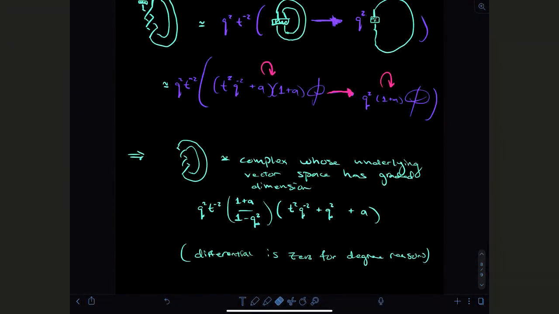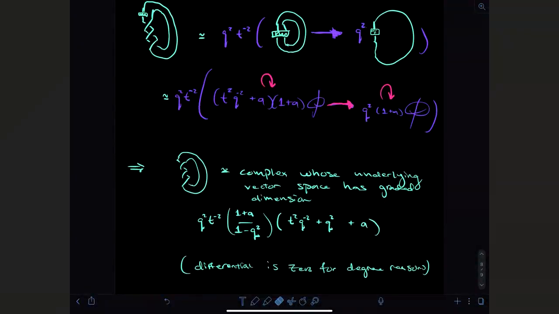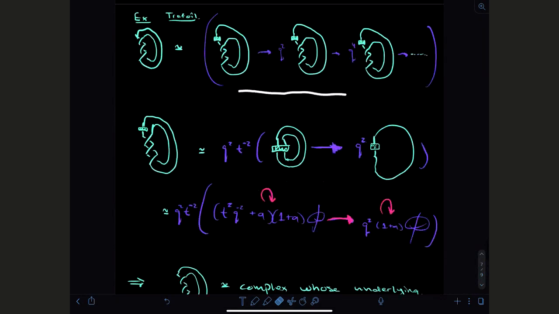So in conclusion, the complex which computes the homology of the trefoil is homotopy equivalent to some complex whose underlying vector space has this graded dimension. The denominator there comes from this geometric series representing this direct sum with shifts.